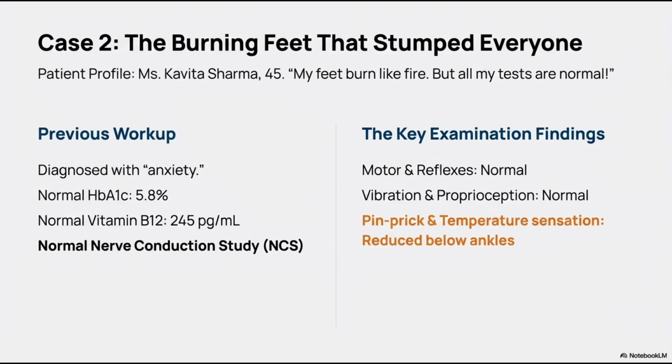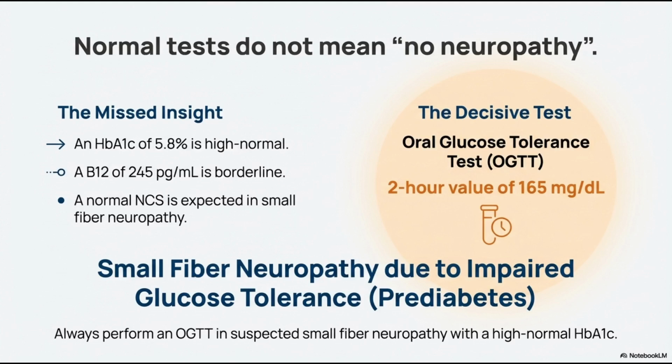Talking about HbA1c, it is on the upper end of normal rather than completely normal. So we do a test, the glucose tolerance test. Why? Because a normal test does not always mean there is no neuropathy, because we are seeing clinically that the patient is having symptoms.